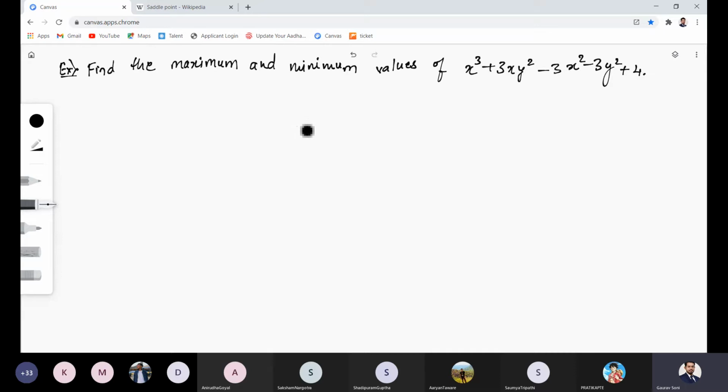So what are we given? We are given f of x,y. What is f of x,y? That is x cube plus 3x y square minus 3x square minus 3y square plus 4.